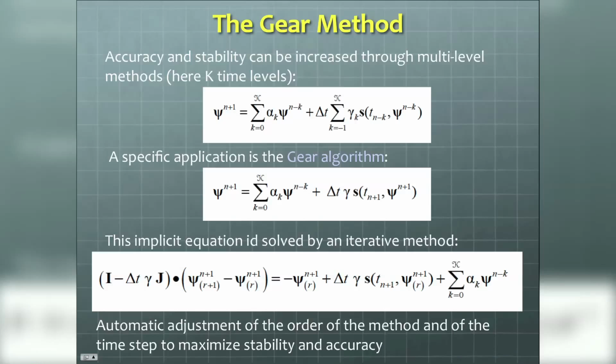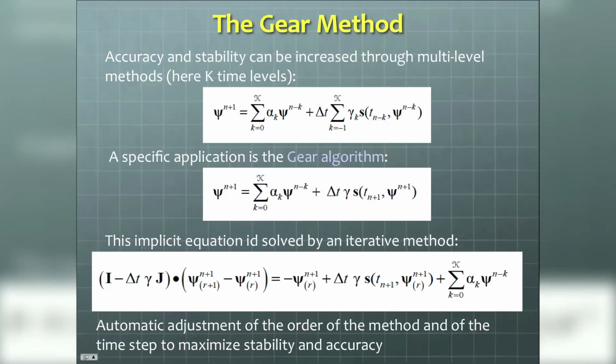You can say it depends on the solution at many times before. And you can take k, which is here, to be 0, to be 1, to be 2.